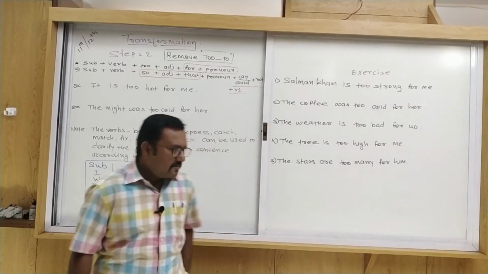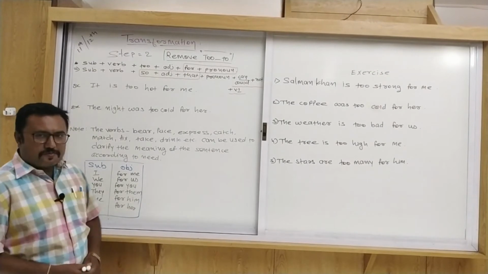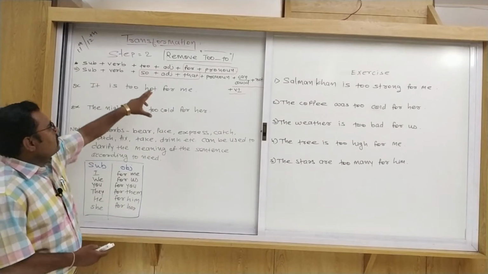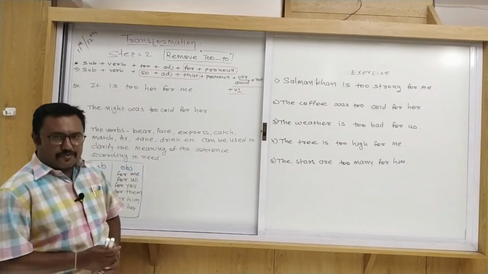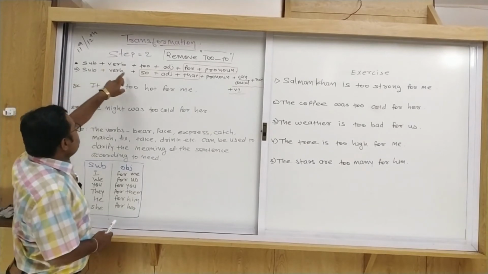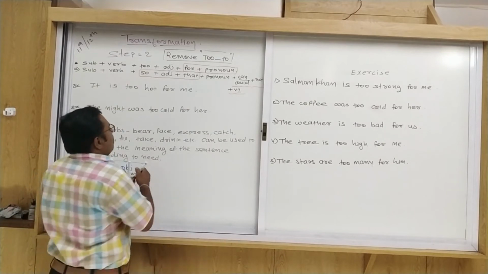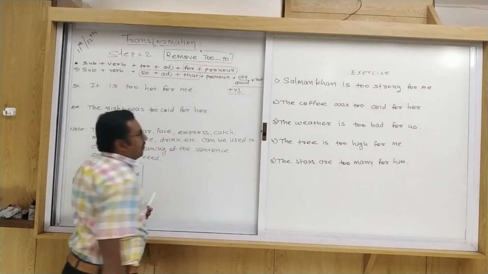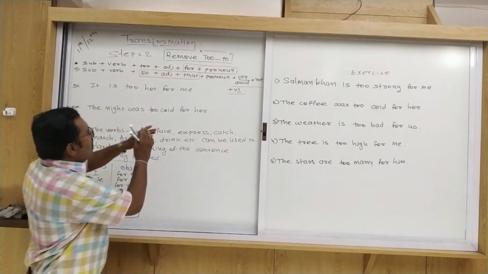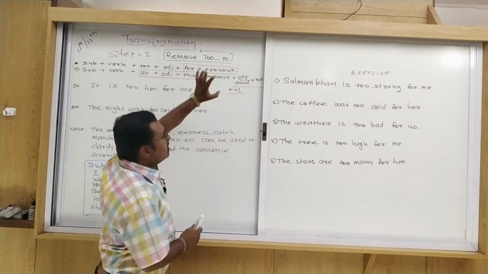Hello friends, we already discussed step 1 of removing too and to. Now we are going to discuss the second step of too. Here is the structure: subject plus verb plus too plus adjective plus for plus pronoun. In the second step we focus only on the preposition for plus pronoun.